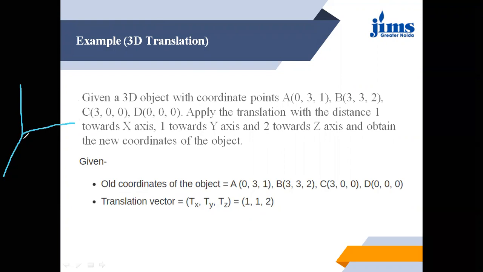I will show you. This is an object. When we draw this object, it has 8 corners.